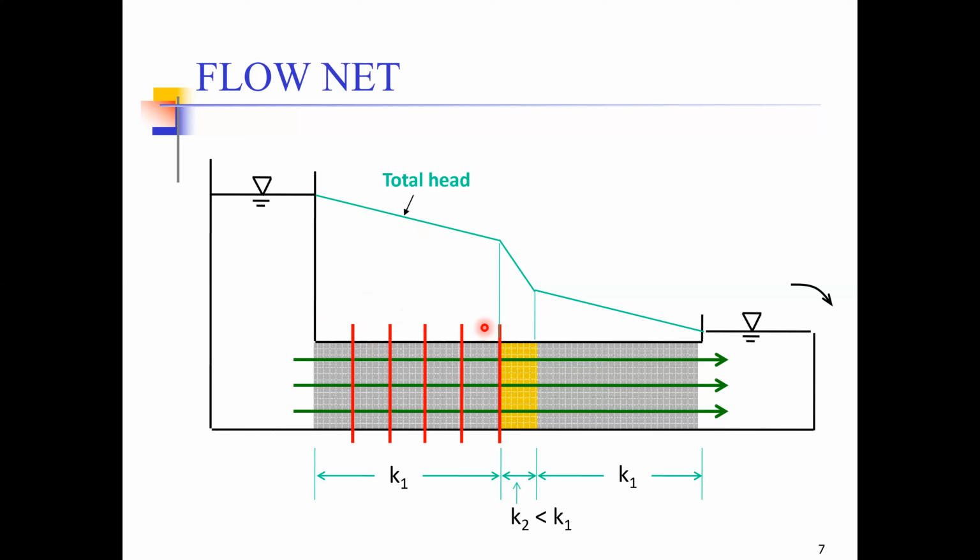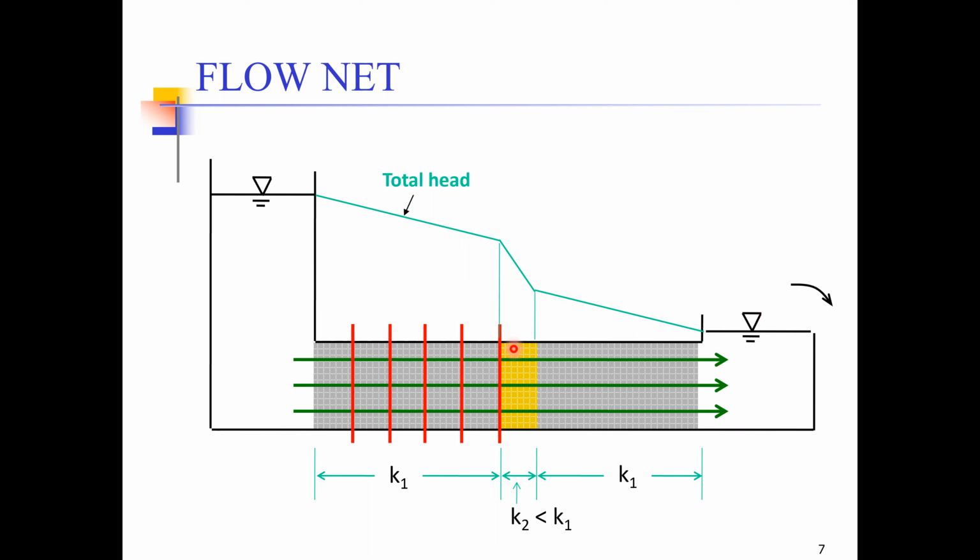Now, you know from our discussion in the previous slides that the head loss between two equipotential lines is the same. So the head loss between any two equipotential lines is always the same. Since this clay layer has low permeability, there will be more head loss.